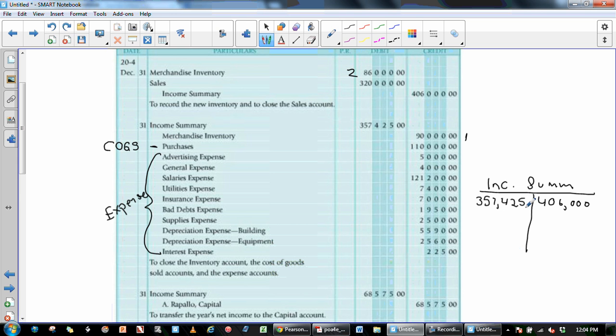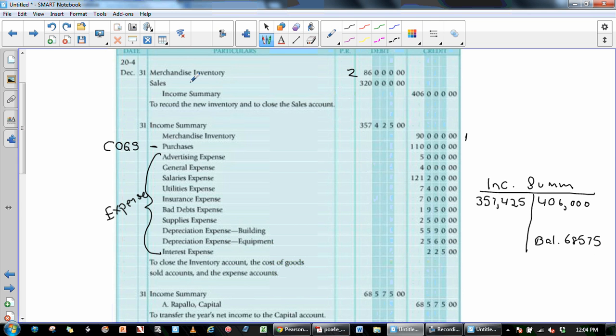And so right now your income summary ends up having a credit balance. So if it has a credit balance, you subtract the two, and I'll put the balance right here, which is 68,575. And because this is a credit balance, I'm going to empty income summary out and put it all into capital.